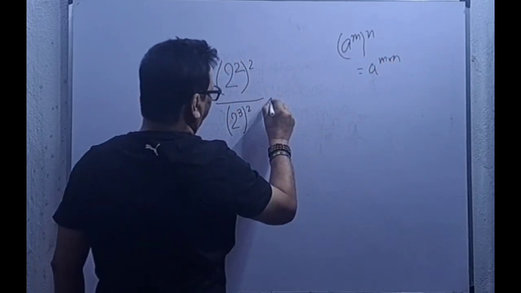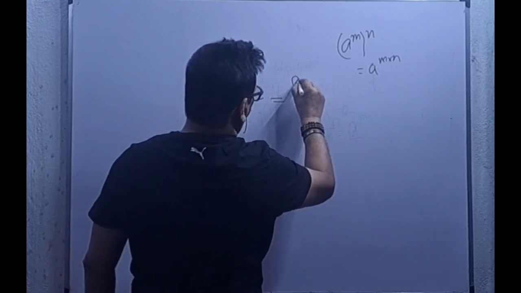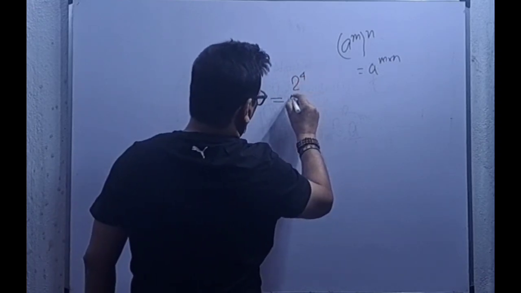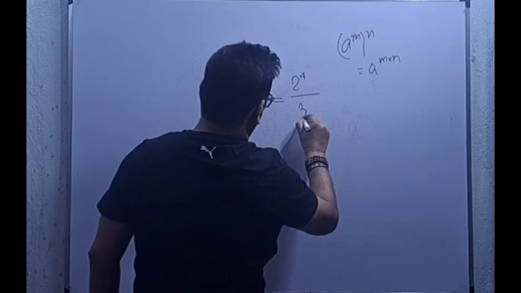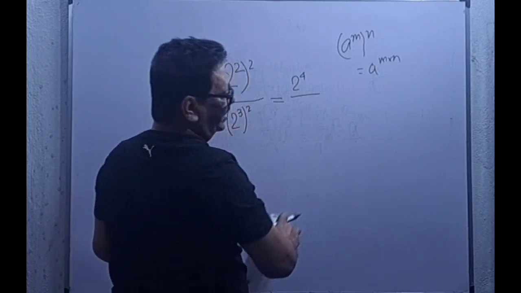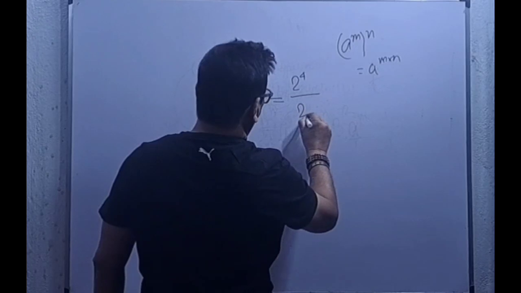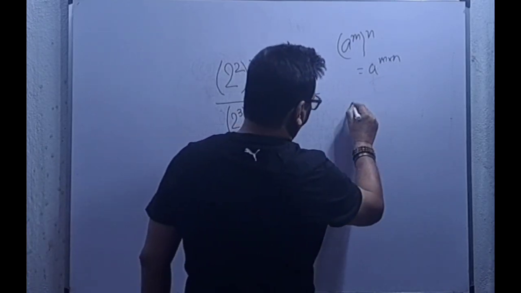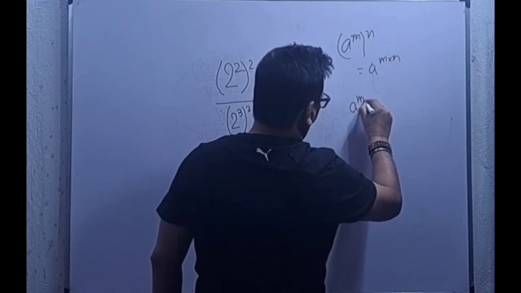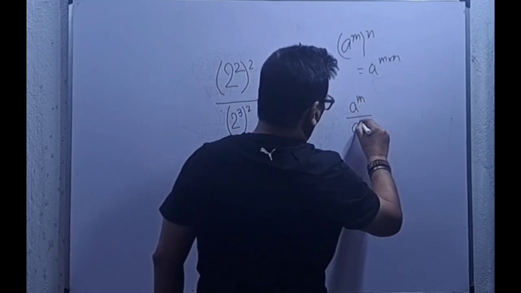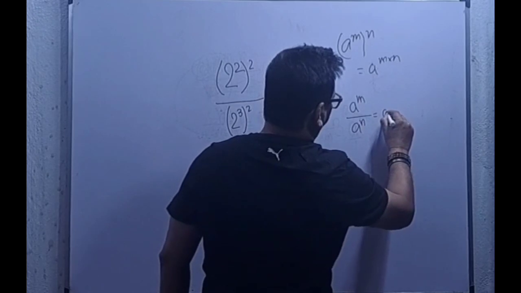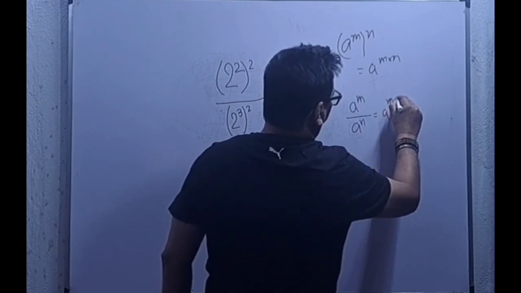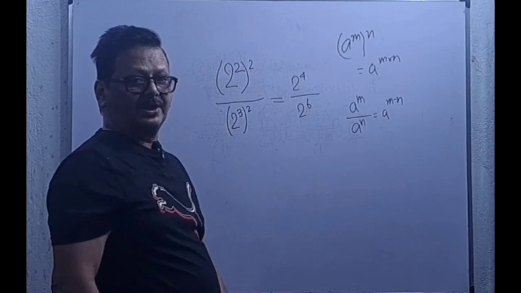So if you do that, the numerator becomes 2 to the power of 4 and the denominator becomes 2 to the power of 6. Right? Now we can apply this rule. A to the power of m divided by a to the power of n is equal to a to the power of m minus n, that we learned in the last class.